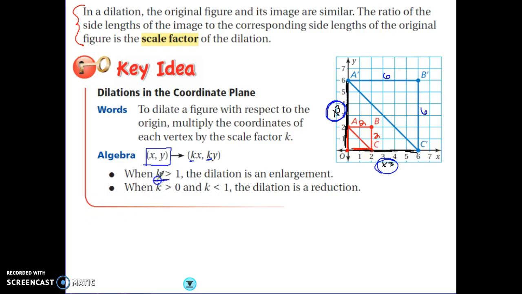If k is bigger than 1, something like 2 or 3 or 4, your dilation is an enlargement, meaning your figure is getting bigger. But if your k value is smaller than 1, but still positive, something like 1/2 or 1/3, then your dilation is a reduction, meaning it's getting smaller. And we'll see this played out in the next couple of slides.